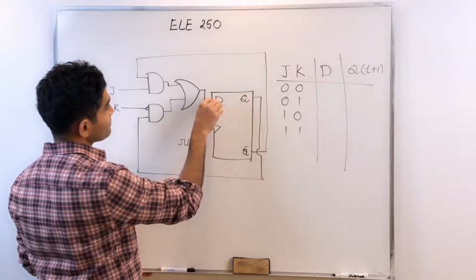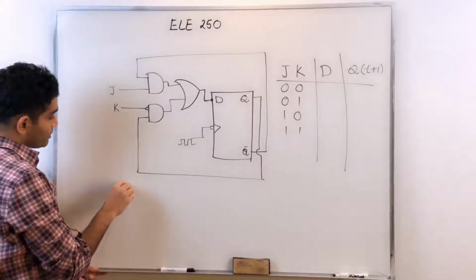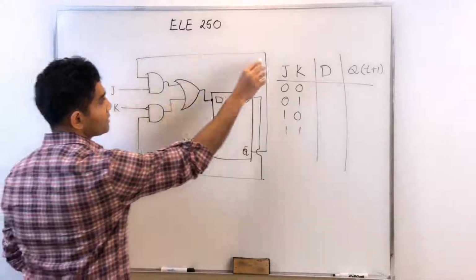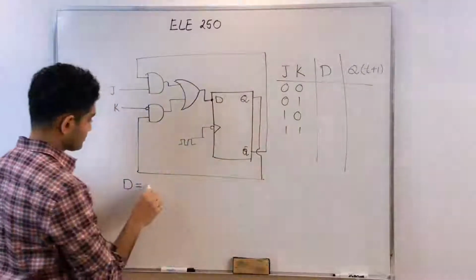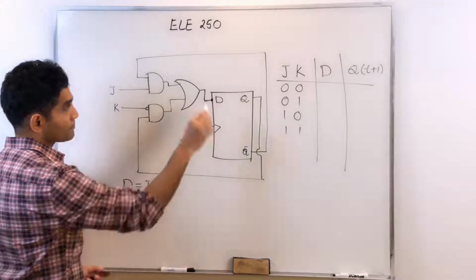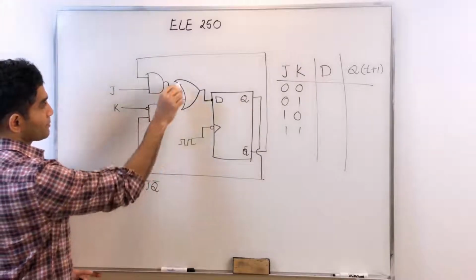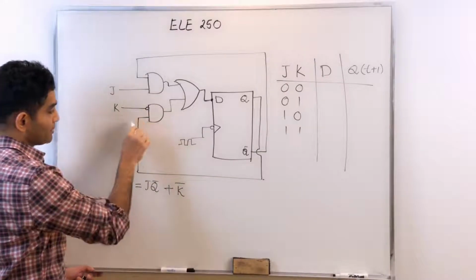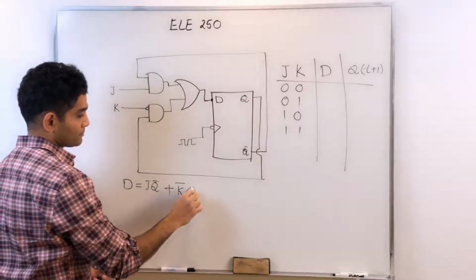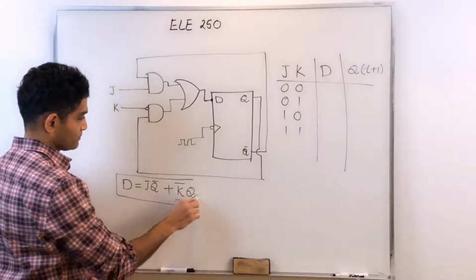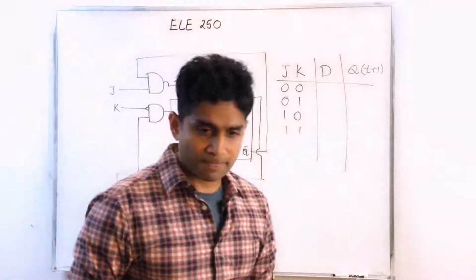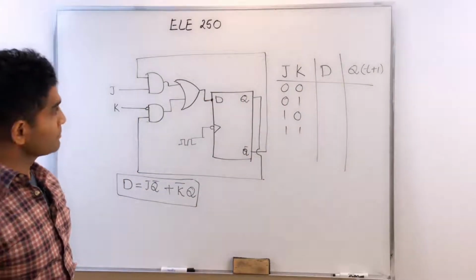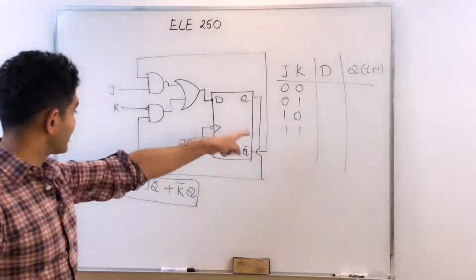Because it's a simple combinational circuit, D is nothing but J and Q prime, from this AND gate, plus K prime and Q. So now all I have to do to get D is plug in the values of J and K.